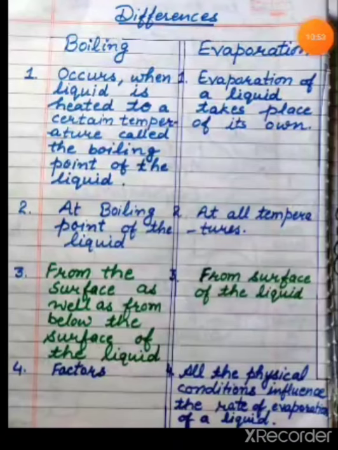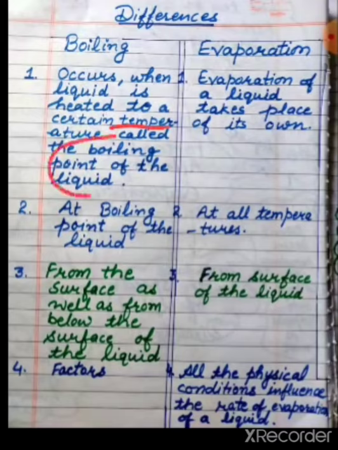Next is differences between boiling and evaporation. First point of difference is boiling occurs only when the liquid is heated to a certain temperature called the boiling point of the liquid. On the other hand, evaporation of a liquid takes place of its own.